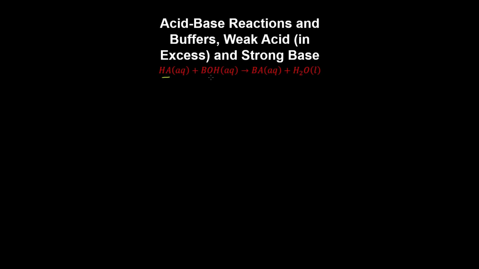When a weak acid reacts with a strong base, we get a neutralization reaction, and a negligible amount of the weak acid dissolves compared to the strong base. So when we write the complete ionic equation, we assume that only the base dissociates. Where all of these are in aqueous solution and H2O is a liquid.